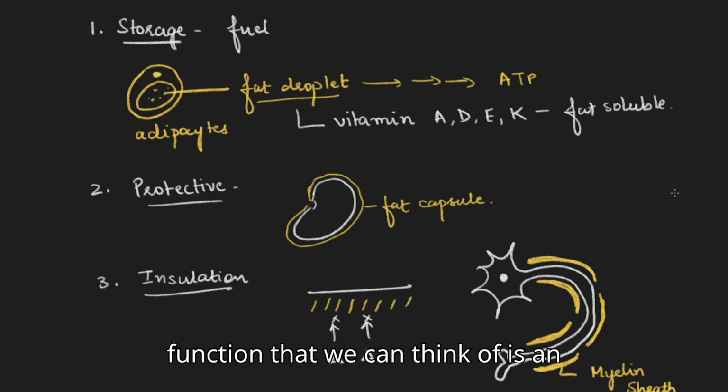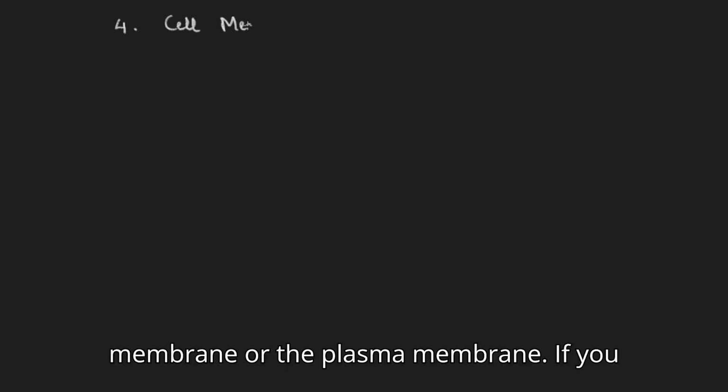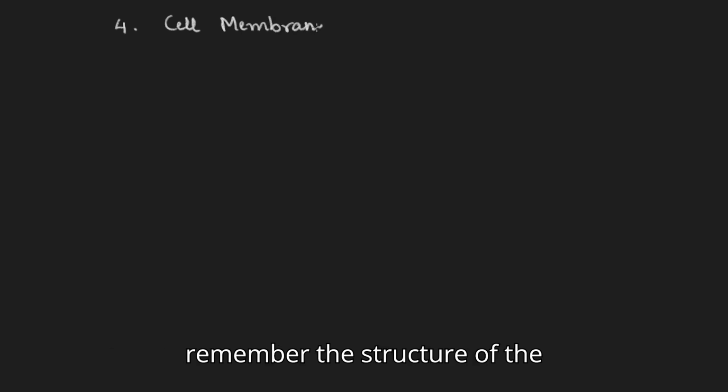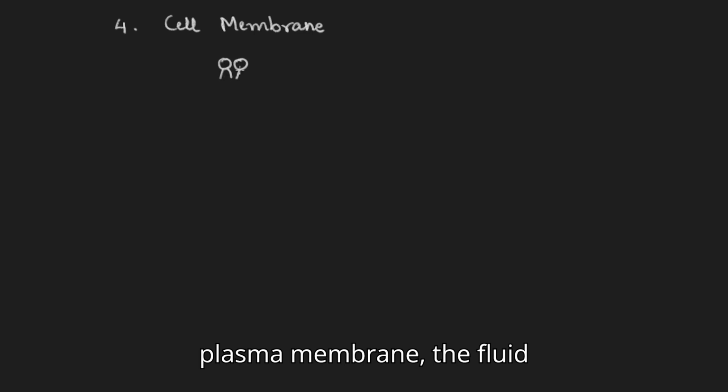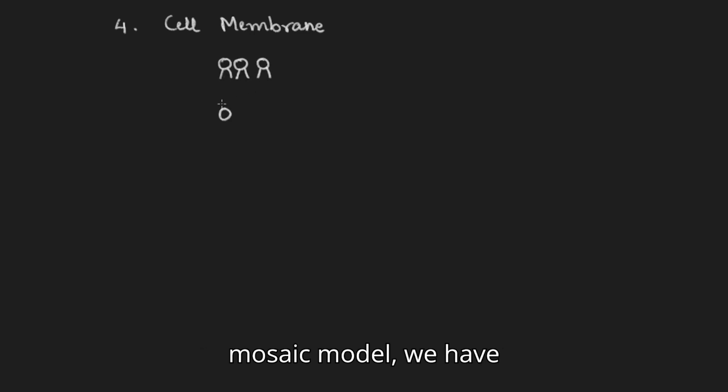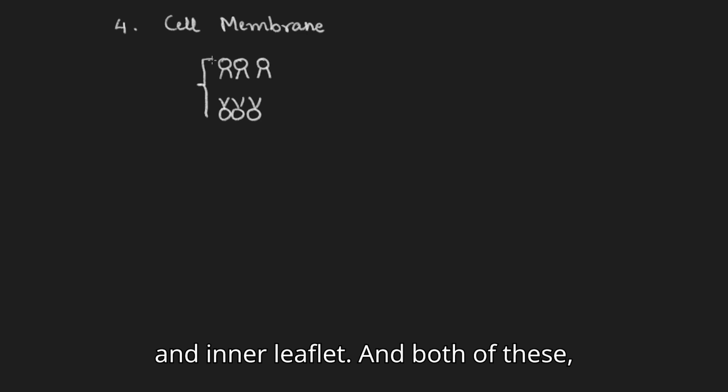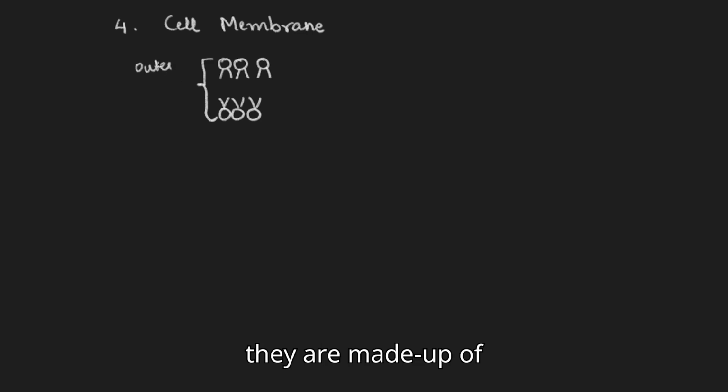The next important function is that lipids form the cell membrane, or the plasma membrane. If you remember the structure of a plasma membrane, the fluid mosaic model, we have two leaflets, an outer leaflet and an inner leaflet, and both of these are made up of phospholipids.